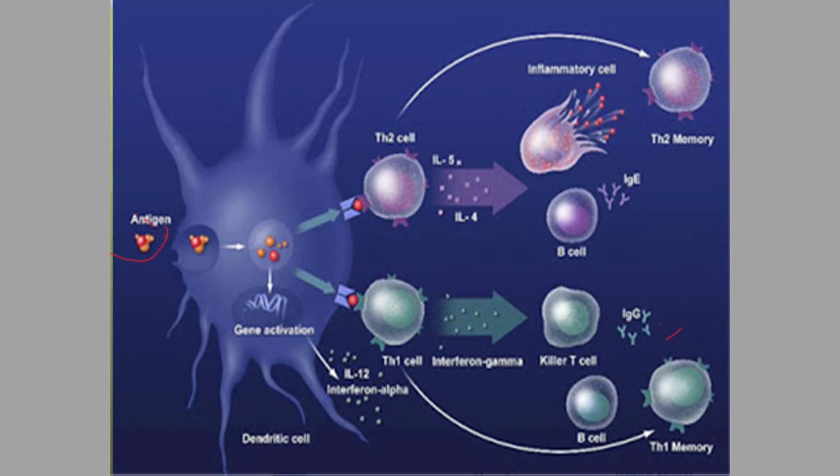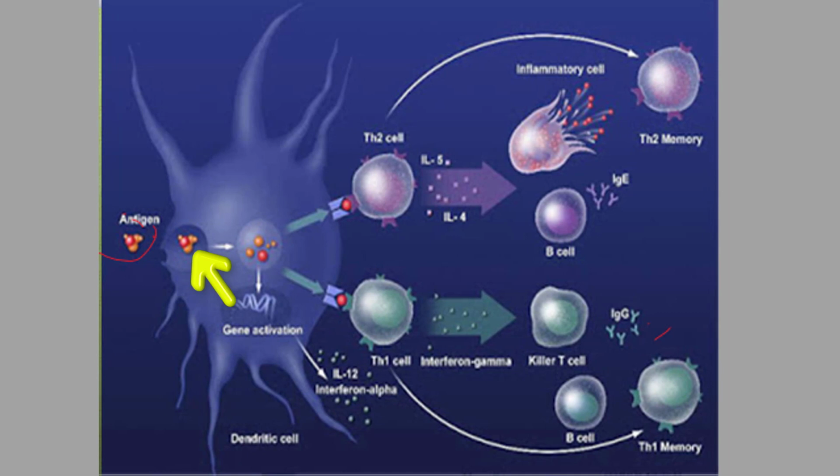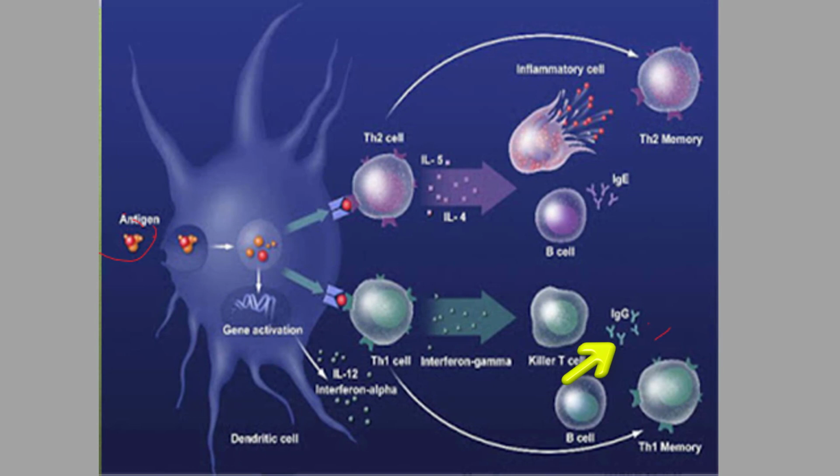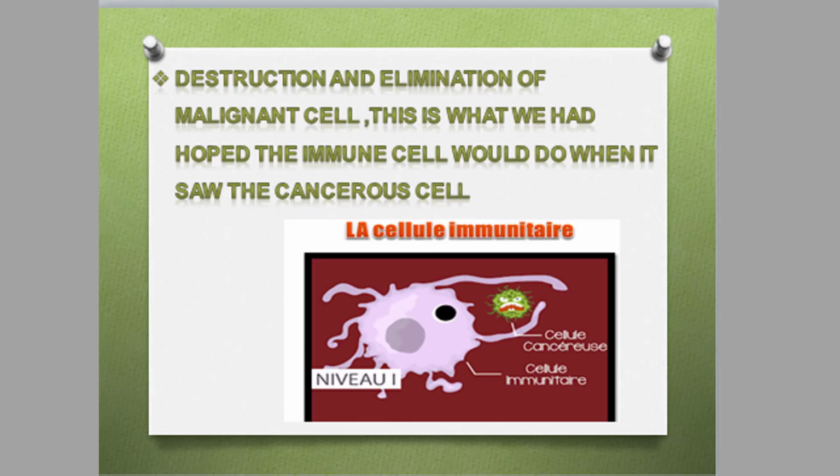Activation of the immune system begins by contact with an antigen and finishes with the manufacture of specific antibodies. It's not our subject. Let's go on.